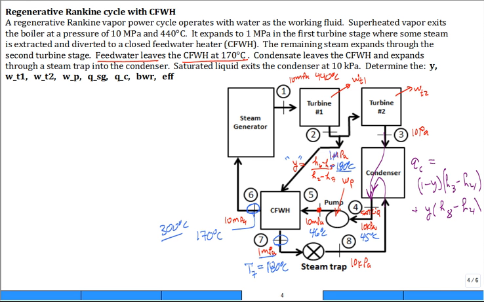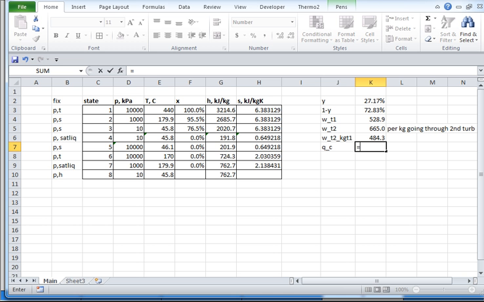So let me go ahead and implement that equation in the Excel. So it's equal to 1 minus y times, it was H3 minus H4, true, plus y times H8 minus H4.